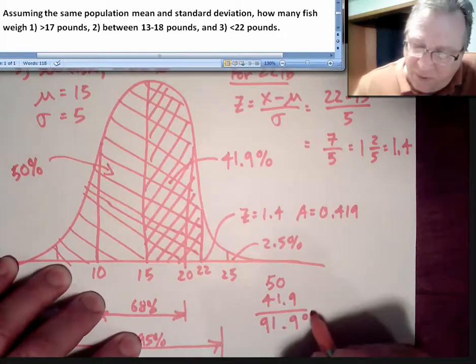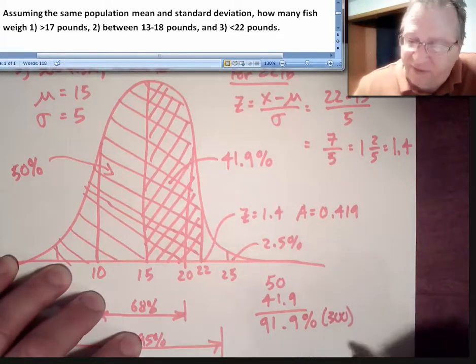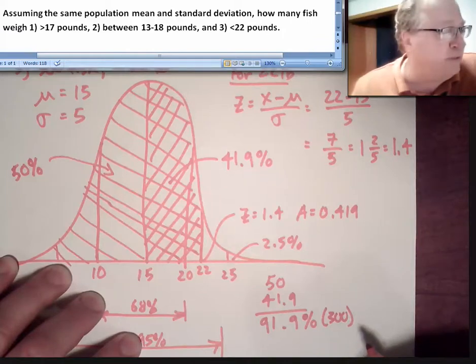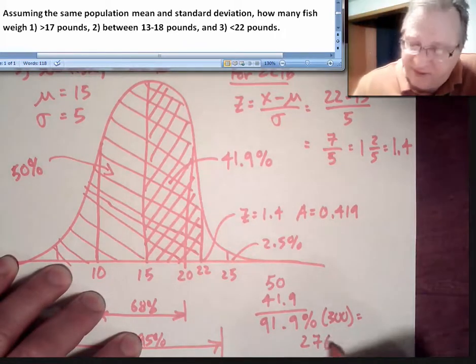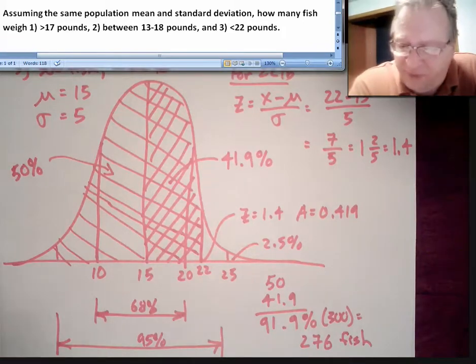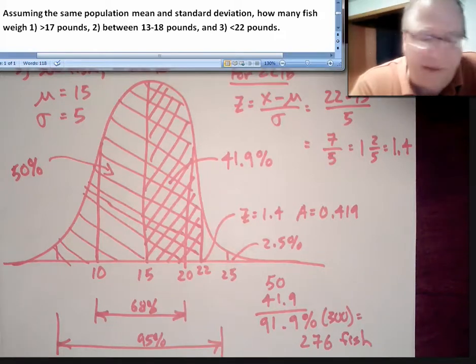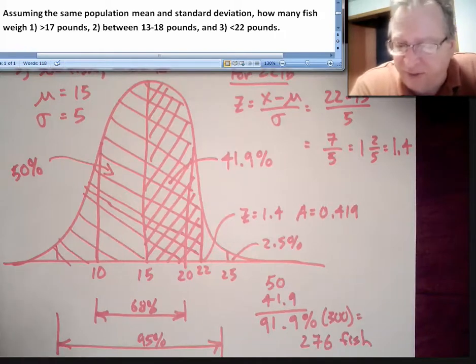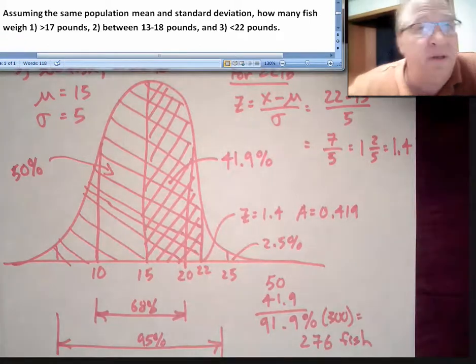We know that 91.9% of the 300 fish are going to weigh less than 22 pounds. And when we do the math, we get 276 fish. We would expect that 276 of the 300 fish that are caught in Sturgeon Bay, if they have a mean of 15 pounds and a standard deviation of 5, would weigh less than 22 pounds. Thanks, folks. Hope it helps.